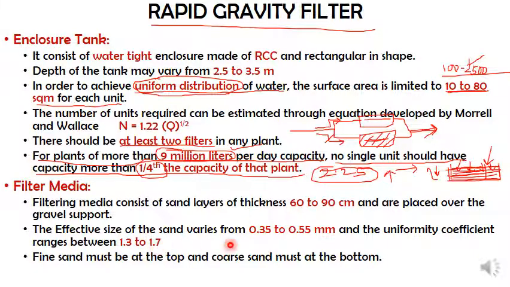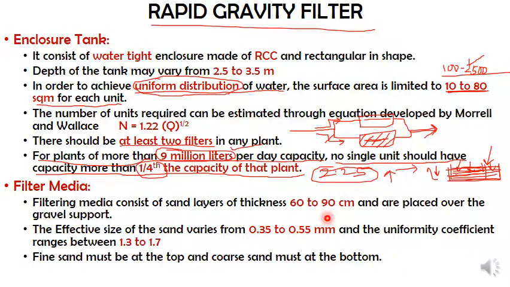You can see the effective size of the filter media for rapid gravity filters is higher than for slow sand filters. As the size of these particles increases, the rate of filtration increases, and in turn the efficiency comes down, because with larger particles your void size will be more.